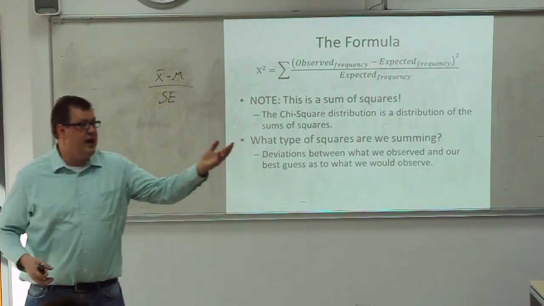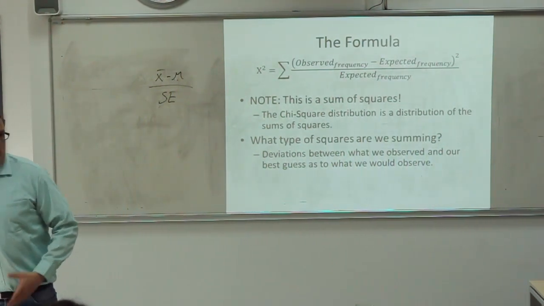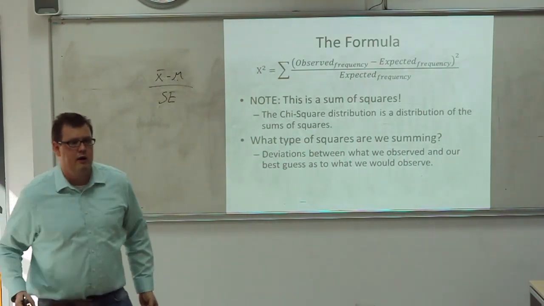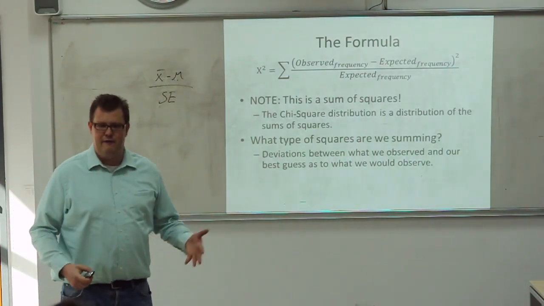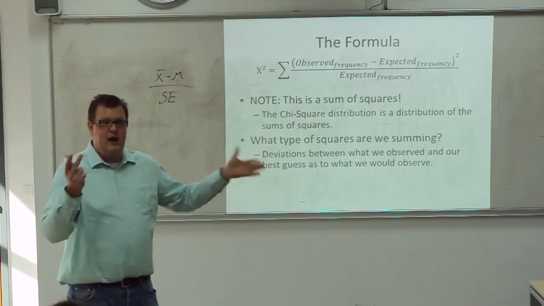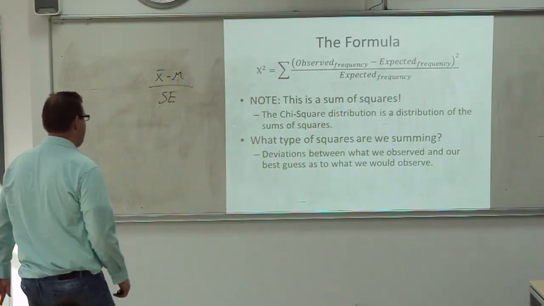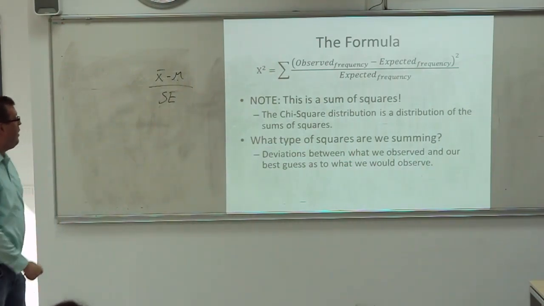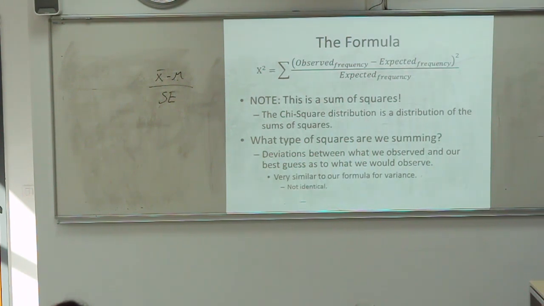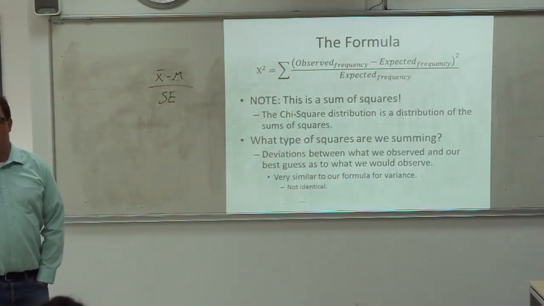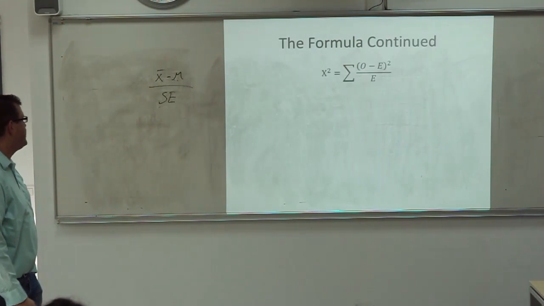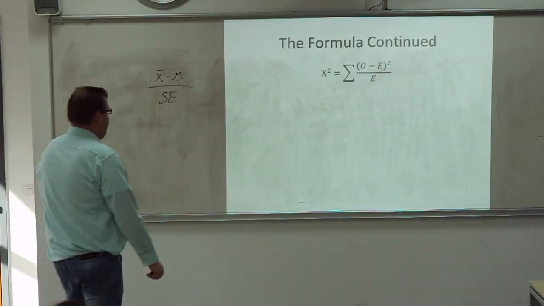We expected 10 and we saw 12. 12 minus 10 is 2. Square it, 4. Divided by whatever the expected one was. So there are deviations between what we observed and our best guess as to what we would observe. This is very similar to our formula for variance. It's not identical. So let's look at how it's not identical.